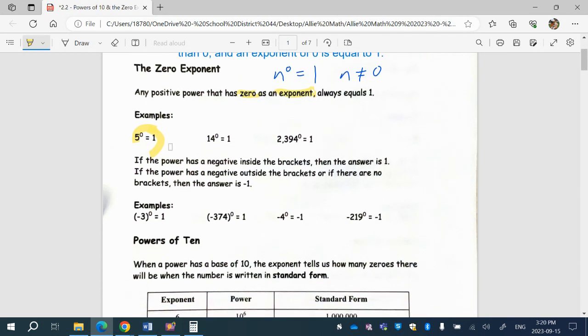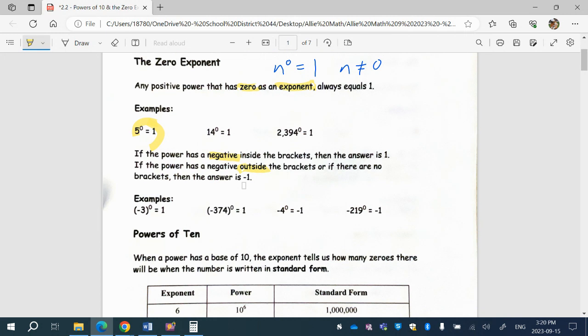So if a power has a negative inside the brackets, then the answer is 1. If the power has a negative outside the brackets, or if there are no brackets, then the answer is -1. I actually changed this example slightly on your notes, so I put brackets right here.